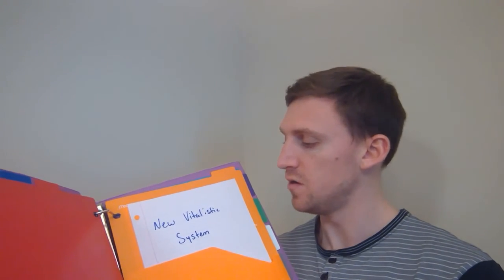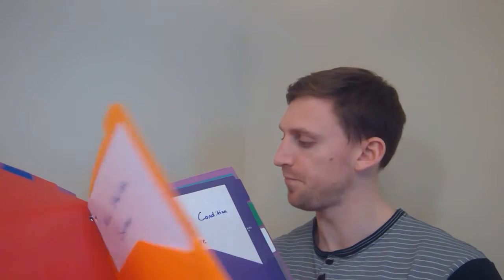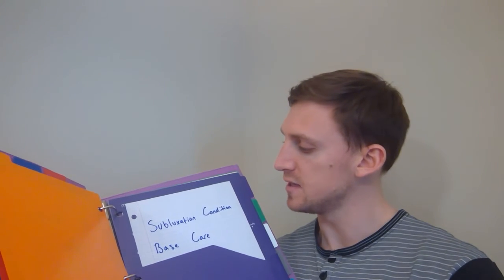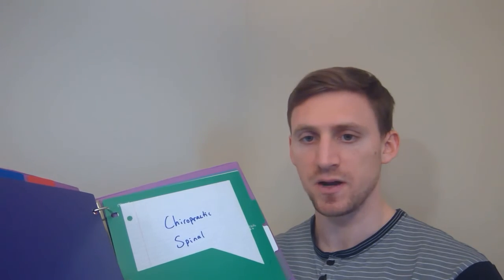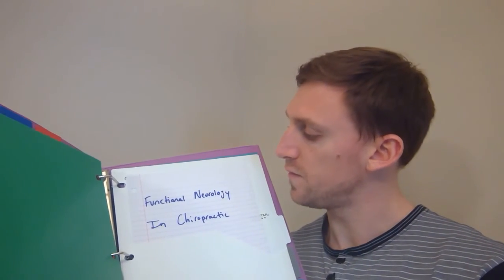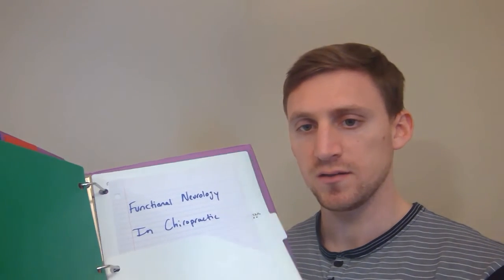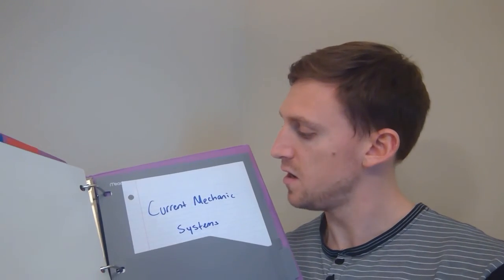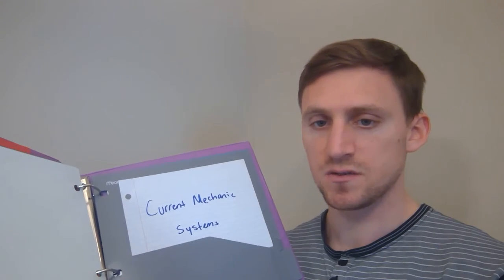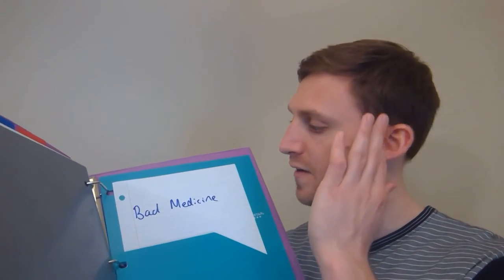The second, wellness development care. The third, new vitalistic system. The next, subluxation condition-based care. The next, chiropractic spinal. The next one, functional neurology in chiropractic. The next, current mechanic systems. And finally, bad medicine.